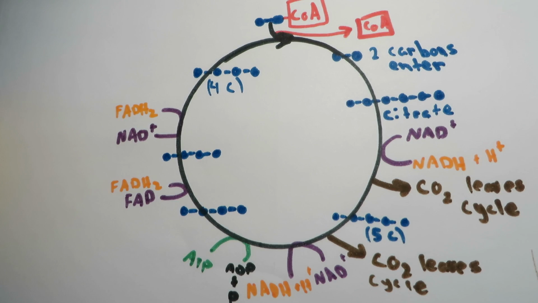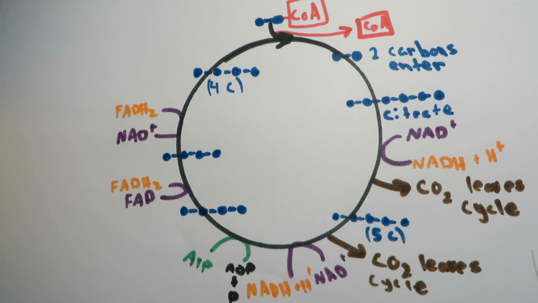Each citric acid cycle creates 3 NADH, 1 ATP, and 1 FADH2. This is done twice, however, so in total 6 NADH, 2 ATP, and 2 FADH2 are created per glucose.